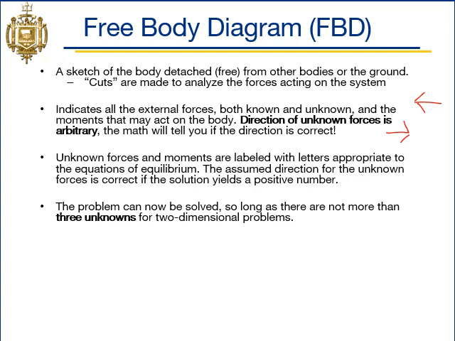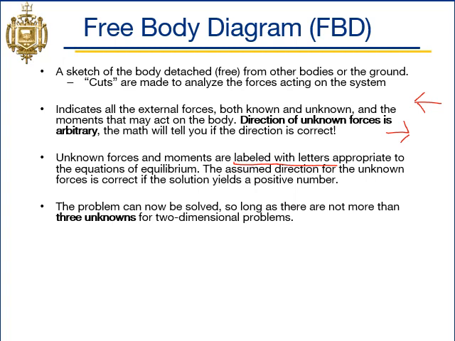All right, so any unknown force or moment should be labeled with the appropriate letters, right? So if you have a force going in the x direction, you might want to call that Fx. If you have a force going in the y direction, Fy. If it's at a certain point, we might just use the name of the point. So that point, we might call it point A, or like the fulcrum.